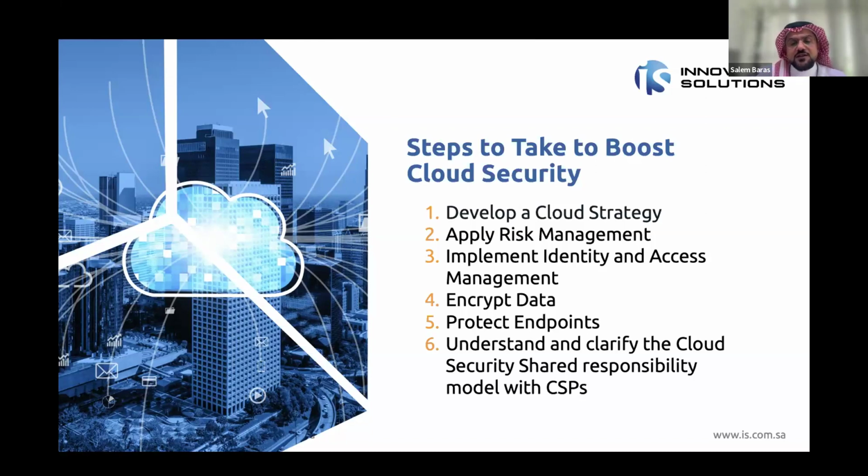This area is really critical because, as we said, using the cloud there is no perimeter anymore. Your customers, your users and your developers can access the cloud anytime and anywhere. So access management and privileged access management need to be studied and assigned based on business need.